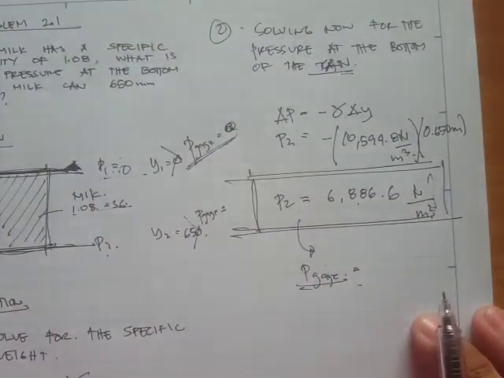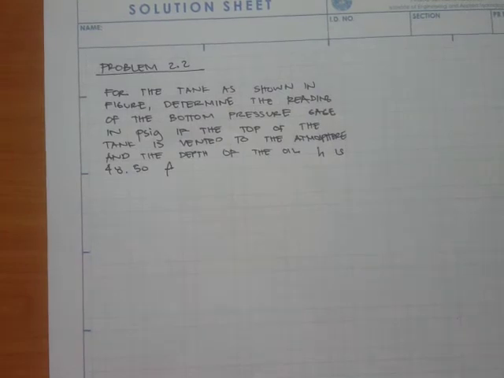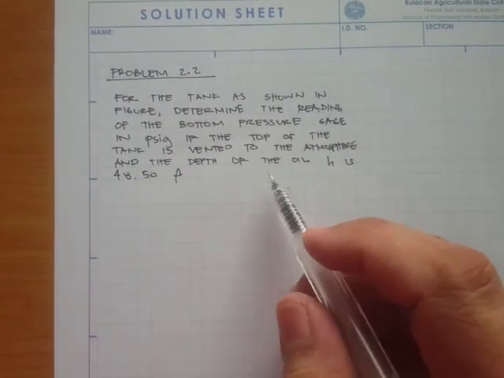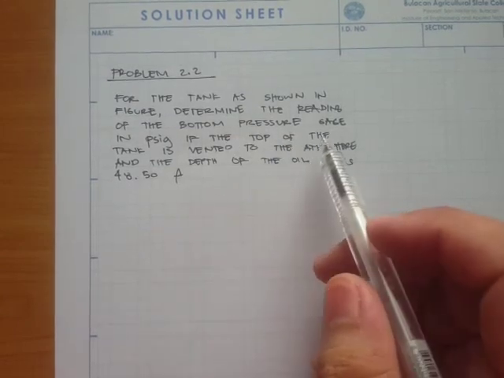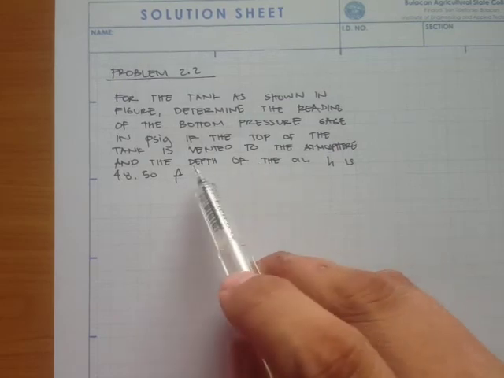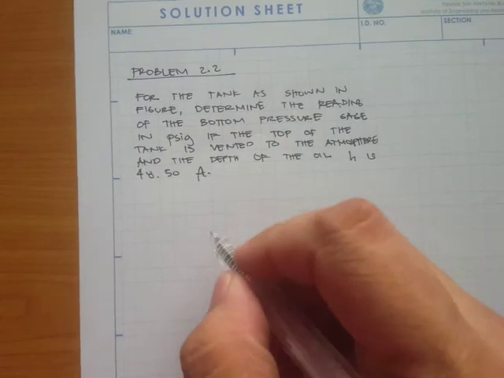Okay, another one is: for the tank as shown in the figure, determine the reading of the bottom pressure gauge in PSIG if the top of the tank is vented to the atmosphere and the depth of the oil H is 48.5 feet.